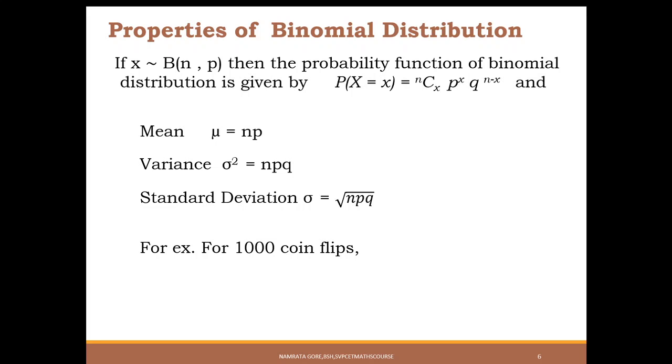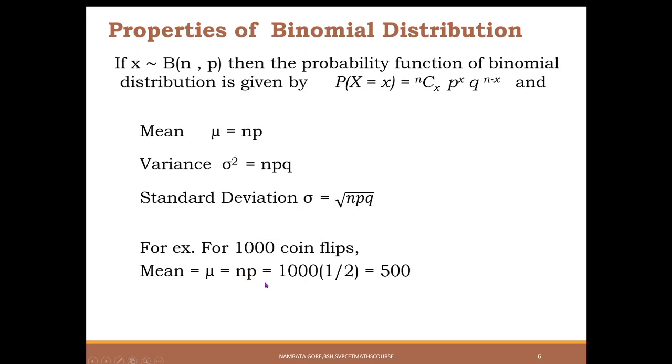Consider an example of 1000 coin flips. Now when we flip a coin, either we will get a head or a tail. In both cases, the probability of success, if we assume head to be success, will be 1 by 2. If we assume tail to be success, then also the probability will be 1 by 2.